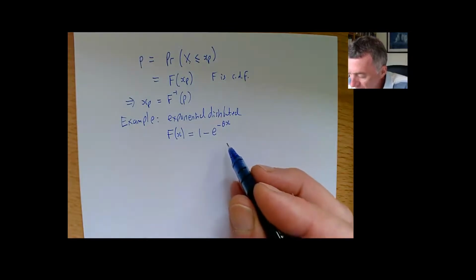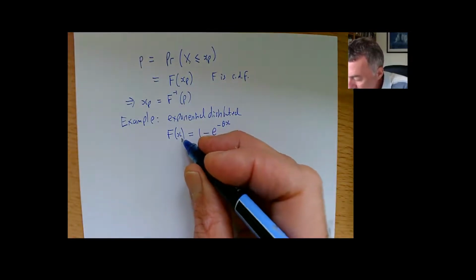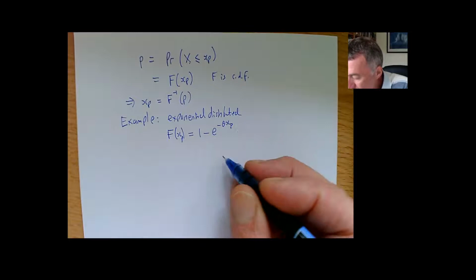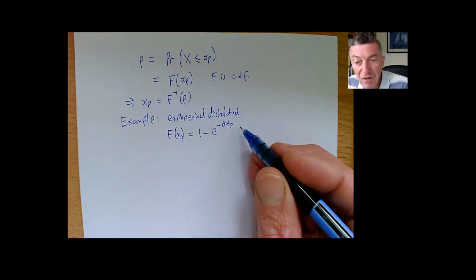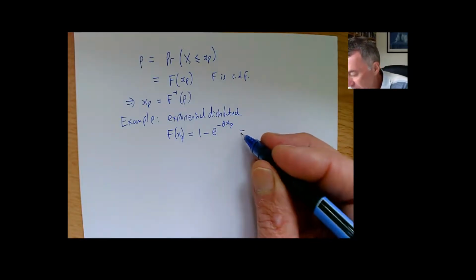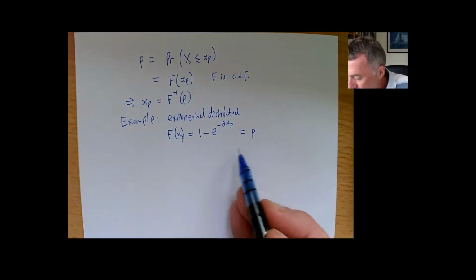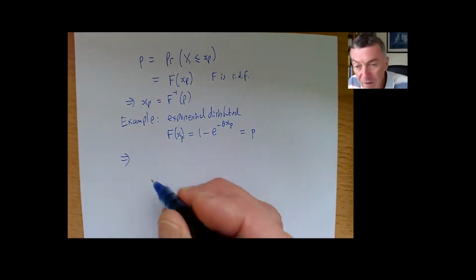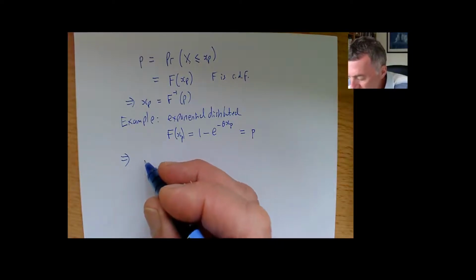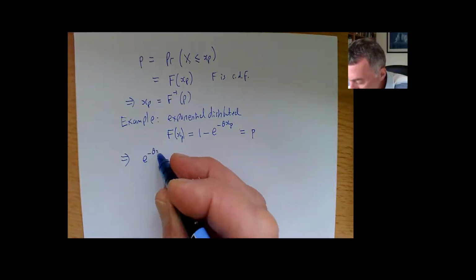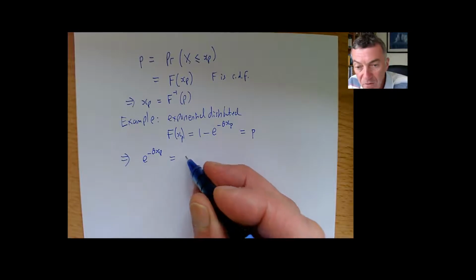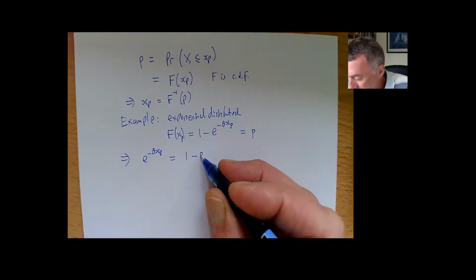So that means that F of x_p is 1 minus e to the minus theta x_p, and that has to equal p. So we can then invert this equation. We get that e to the minus theta x_p is 1 minus p.